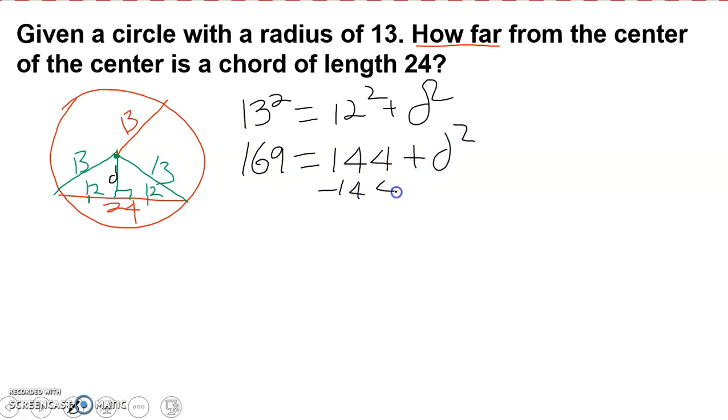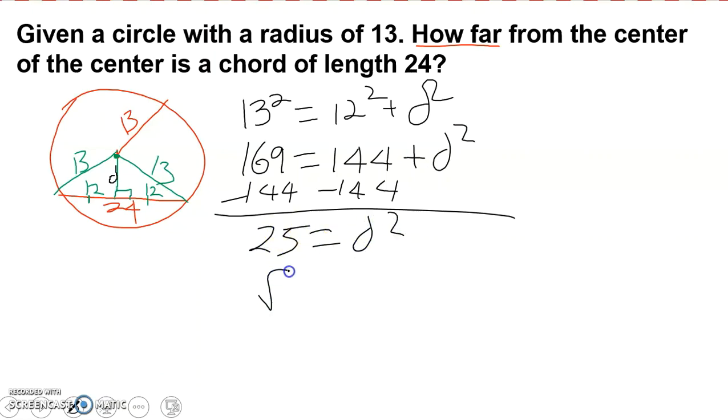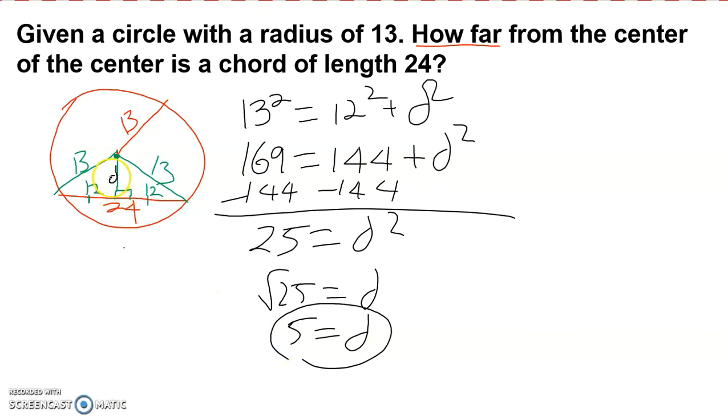Subtract 144 from both sides and we get 25. It's a perfect square, so we take the square root and get D equals 5. Since we labeled D as the distance we are looking for, that is our answer.